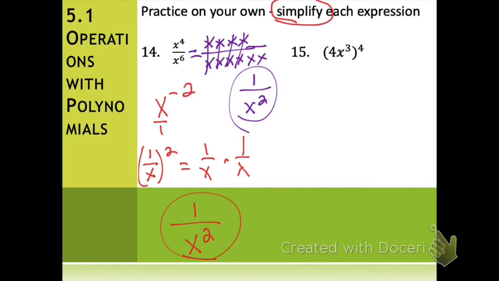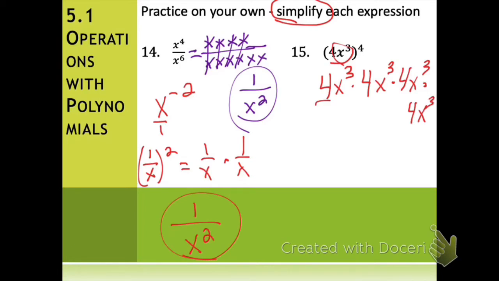All right, number 15. You know what? I'm going to at least partially expand this one. I'm just going to write 4x cubed 4 times. It takes about 5 seconds, but I think it makes it pretty easy to visualize what the answer is going to be.